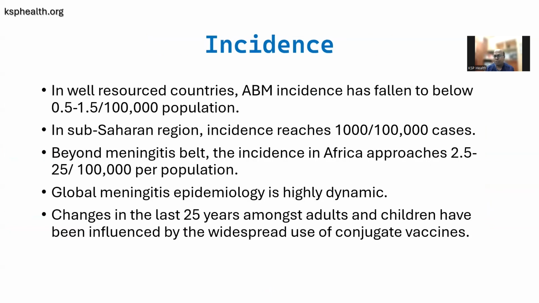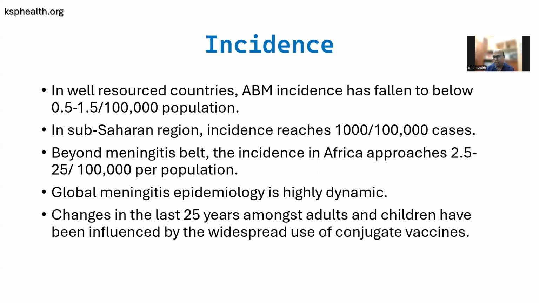In well-resourced countries, acute bacterial meningitis incidence has fallen to 0.5 to 1.5 per 100,000 population. In the sub-Saharan region, incidence reaches 1,000 per 100,000. That means it is 1,000 times higher in the sub-Saharan area than in other parts of the world.